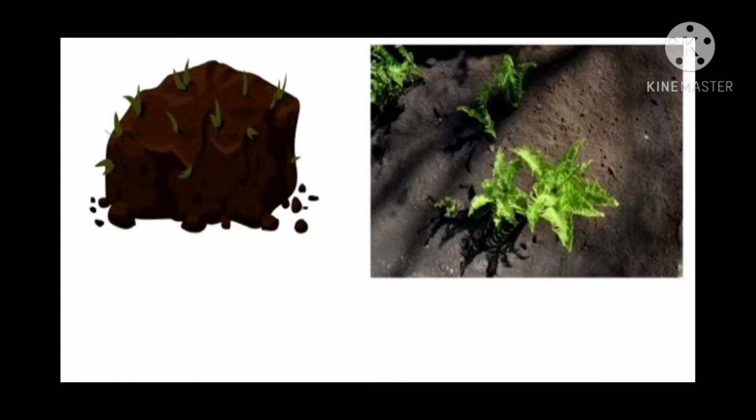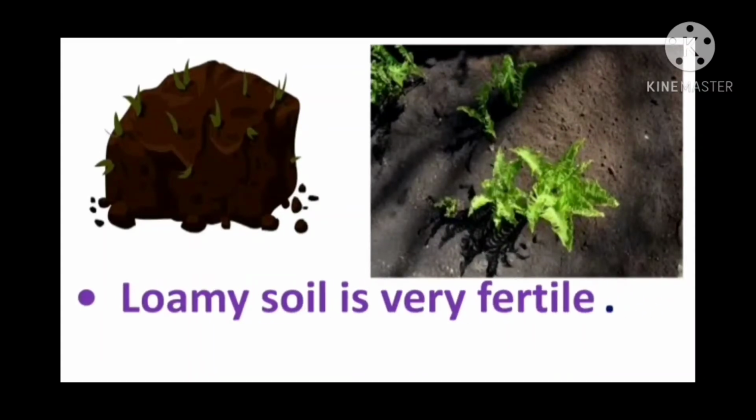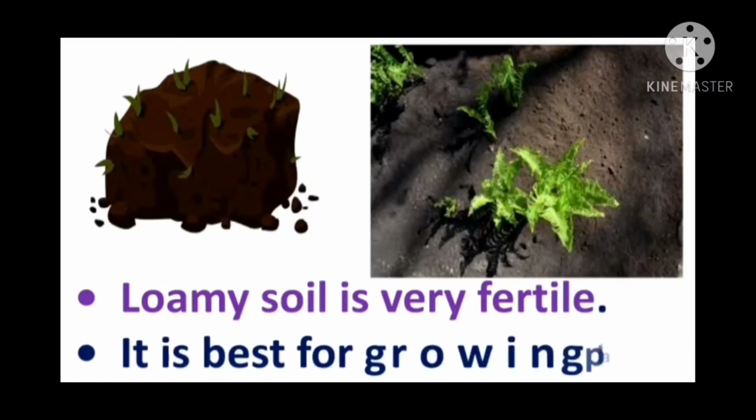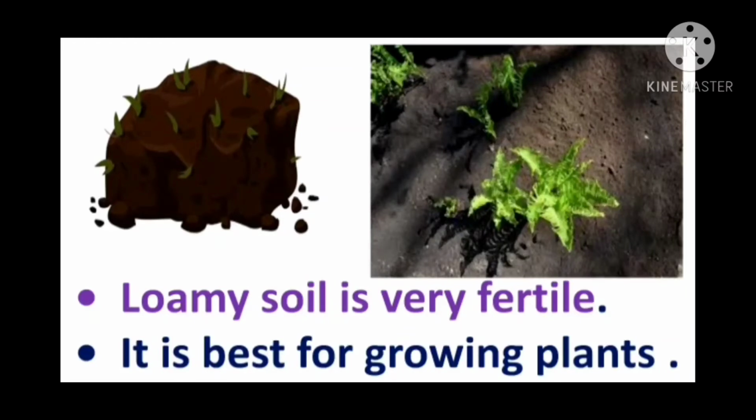As it is very fertile, we can grow plants easily in this soil. It is the best soil for growing plants, so we can use loamy soil for growing plants.